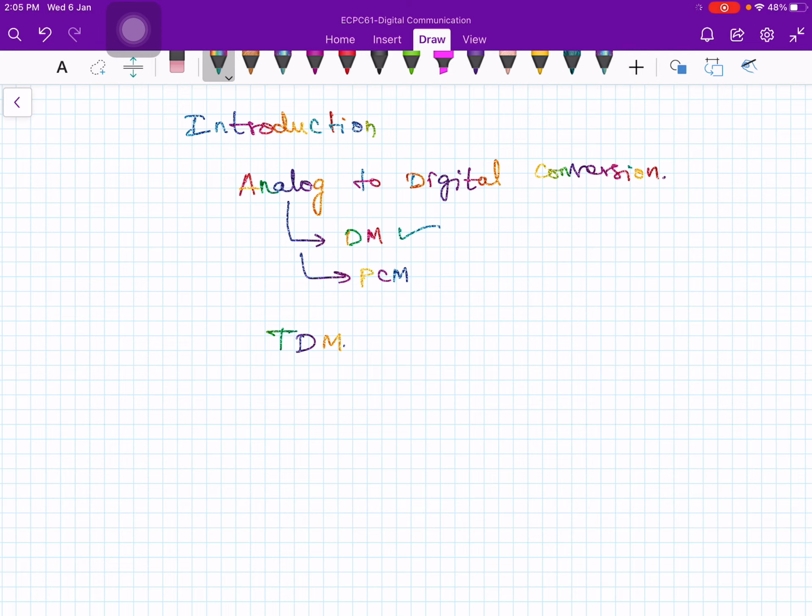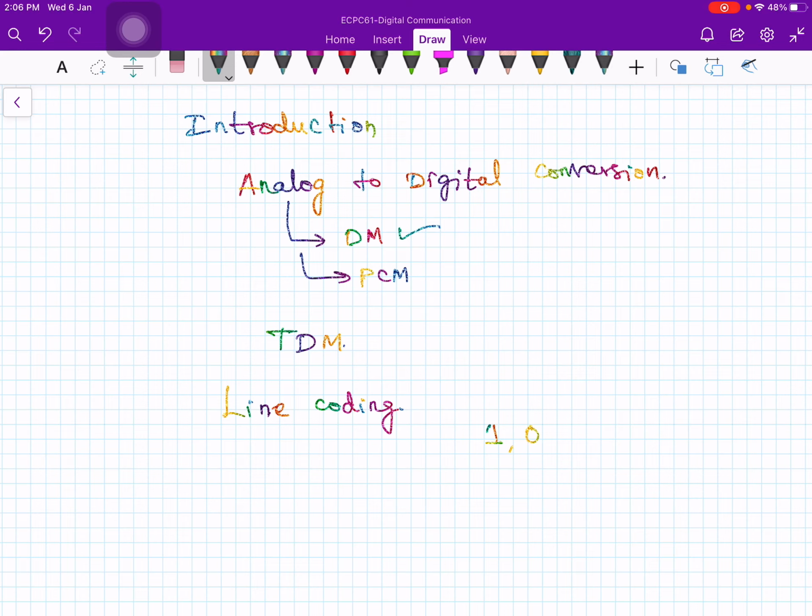You must have done frequency division multiplexing in the context of analog communications. So let's also discuss concepts like line coding. This is very important, associated with the transmission of digital information, because we know the information is represented in terms of ones and zeros.